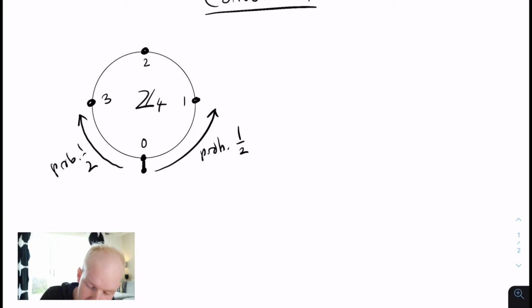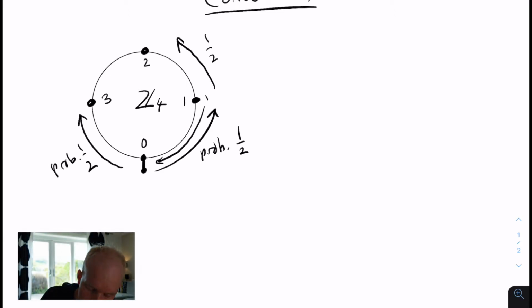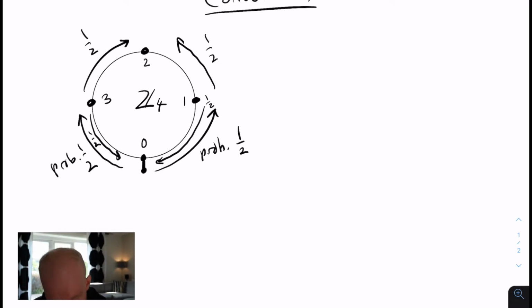Then, if we reach a new point, with probability half we go back, and with probability half we go to the other side, and the same happens at every point.